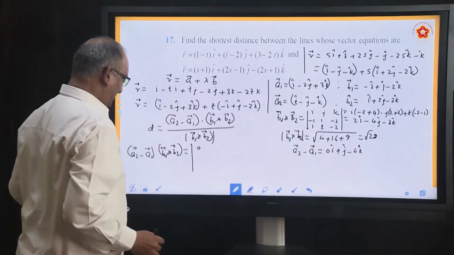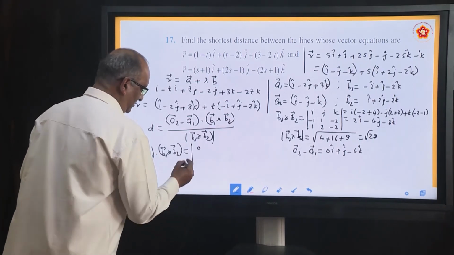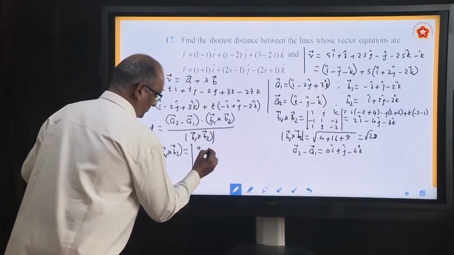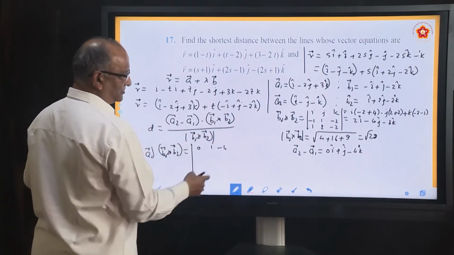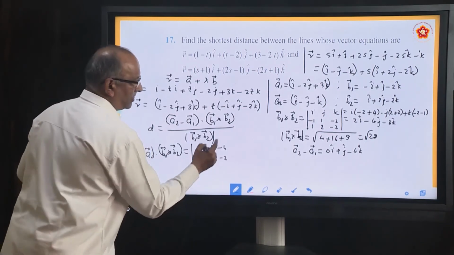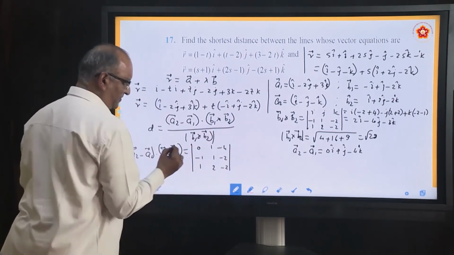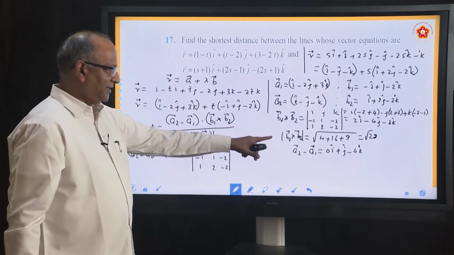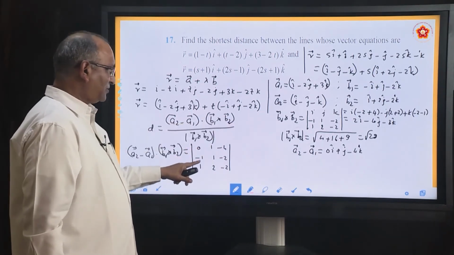So substitute that here: 0 1 minus 4, then B1 and B2 which are the same as before, minus 1 1 minus 2, and 1 2 minus 2.